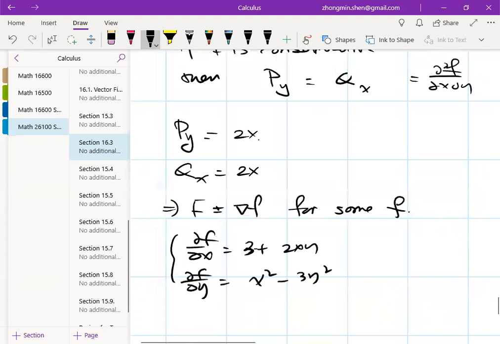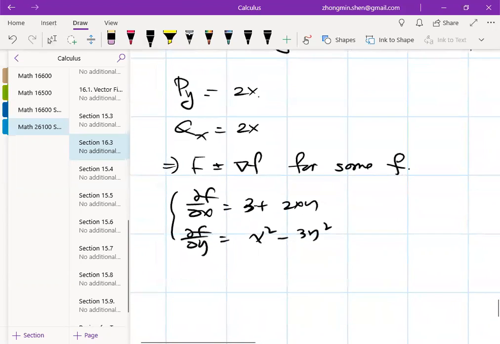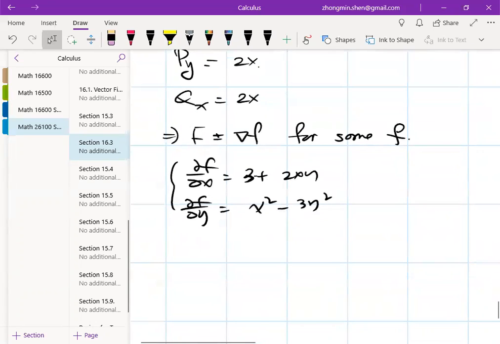If you know ahead of time that you can find f, then you just spend time to find it. So you have to detect whether there's such an f there. Then you can invest your time to dig it out. All right, the technique is simple. Just integrate the first equation with respect to x.